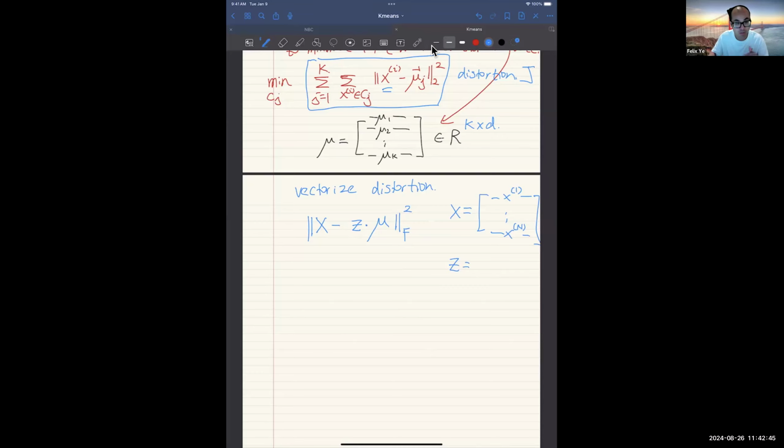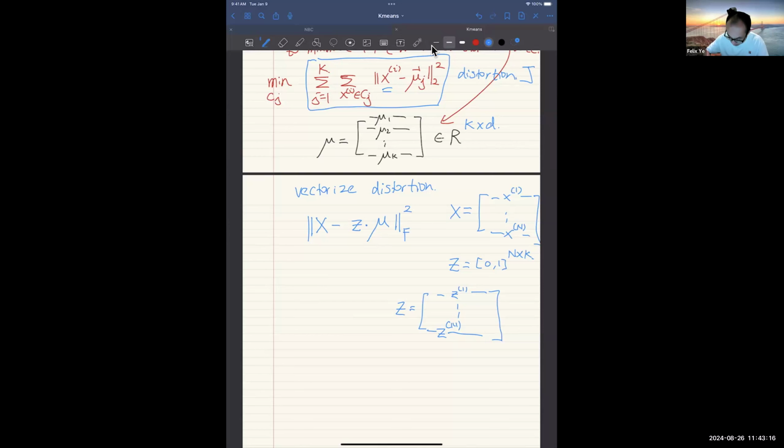It just tells me which cluster each point belongs to. It's all 0s and 1s, in n by K. Z1 to Zn are the one-hot encodings for those memberships.